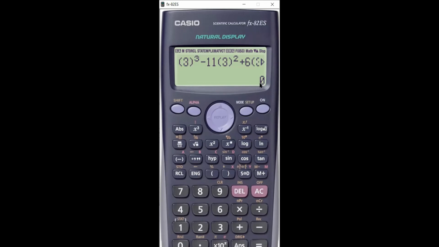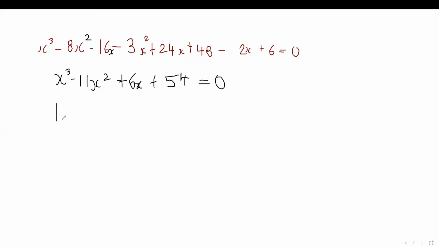Positive 3 works. Nice. So now that positive 3 works, we let x equal 3 and we end up getting 0. You have to write it down even though you use a calculator, to show them: 3 cubed minus 11 times 3 squared plus 6 times 3 plus 54.